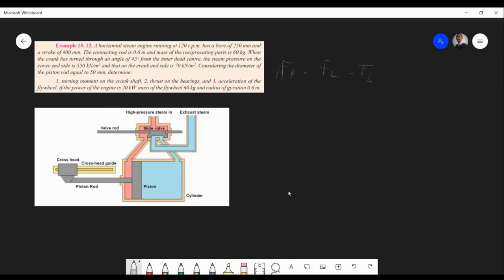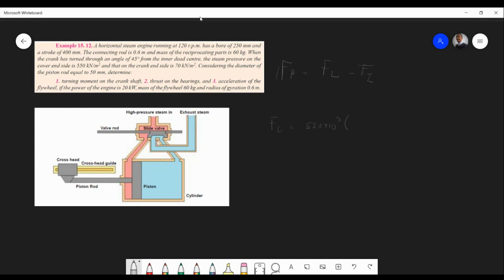If you have this double acting, it means pressure on two sides, and they typically give you two different pressures. What you have to do is this: FL is going to be one pressure minus the other pressure. So for the first pressure, it's 550.